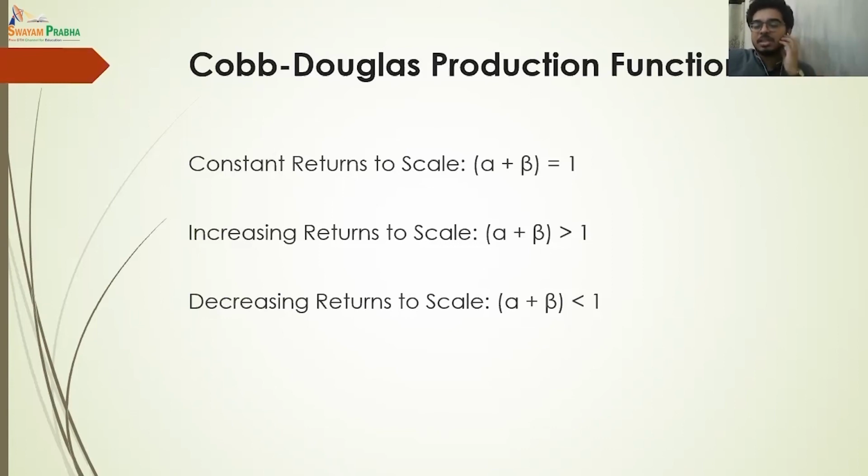For decreasing return to scale, same thing: alpha and beta, even if they are increased by 5 times, the production does not increase by 5 times, rather it increases by 4 times, it can increase by 4.5 times, it can increase by 4.9 times, just taking an example. That will be the reason for a decreasing return to scale, where even after increasing the inputs, the output does not give us a satisfactory return.